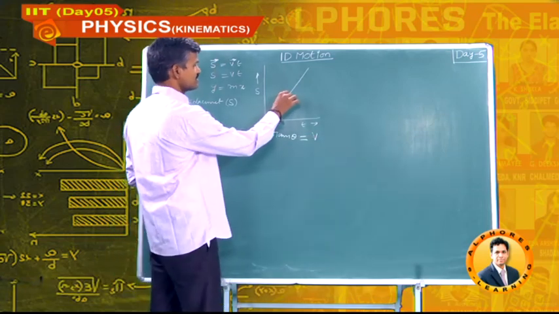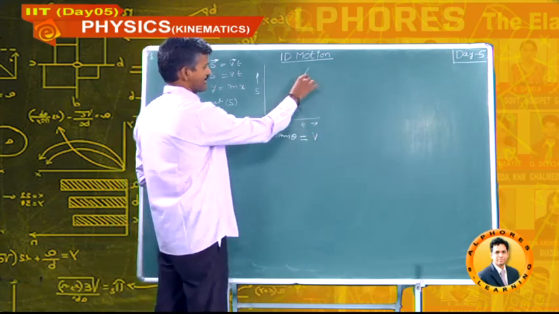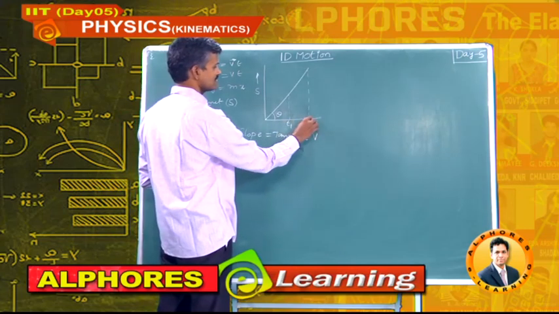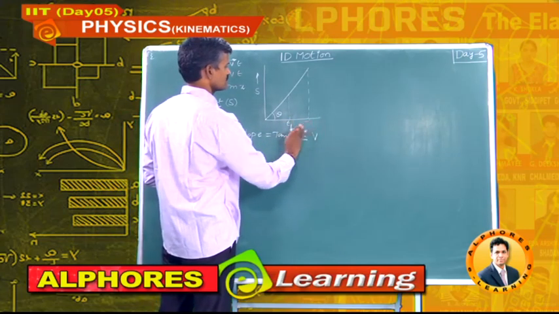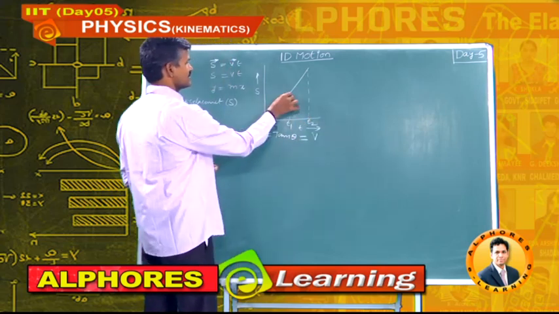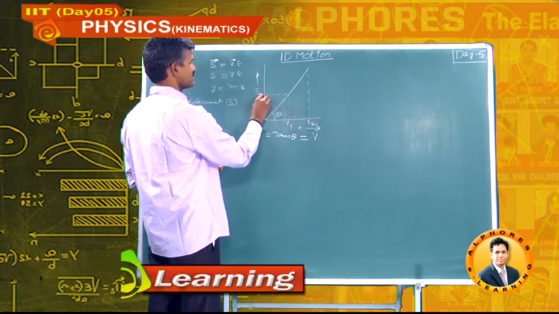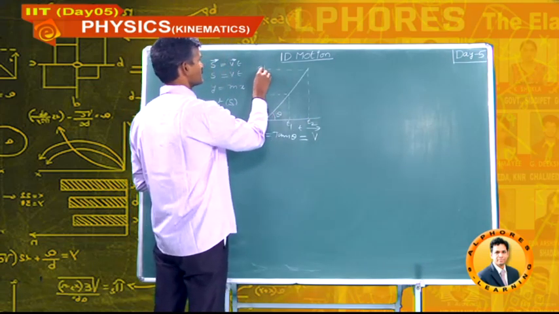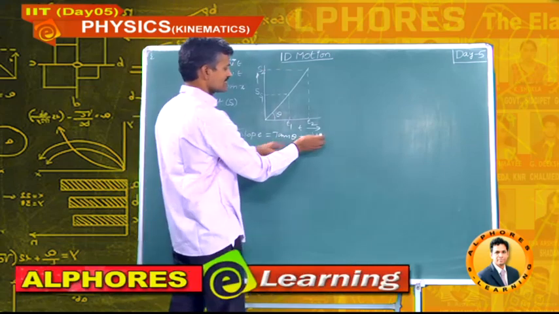Suppose they give 2 points, this is time t1 and this is time t2, and the corresponding displacements, here some s1 and here some s2. How to calculate the average velocity?